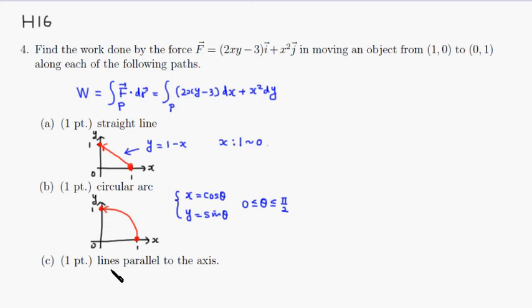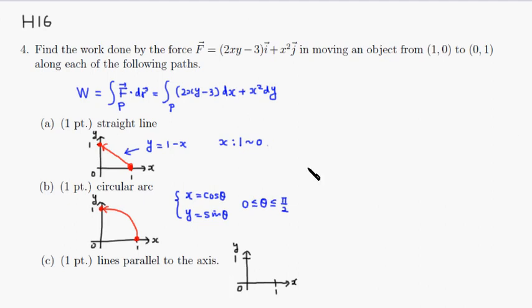For lines parallel to the x-axis, you can probably take this path. Let's draw a picture: here's the y-axis, this is the x-axis. You want to go from (1, 0) to (0, 1).